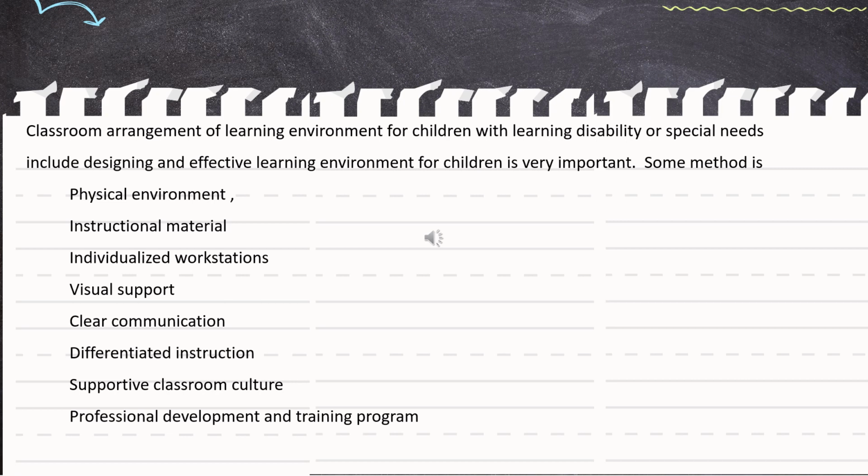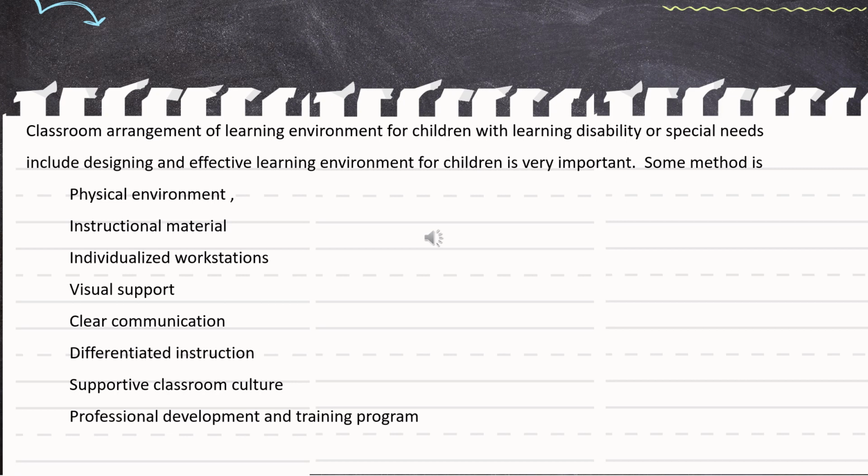Arrangement of the learning environment for children with learning disability or special needs: designing an effective learning environment for children is very important. Some methods are physical environment, instructional material, individualized workstations, visual support, clear communication should be there, differentiated instruction, supportive classroom culture should be promoted, professional development and training programs should be there.